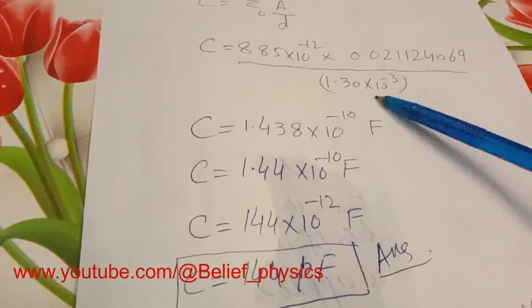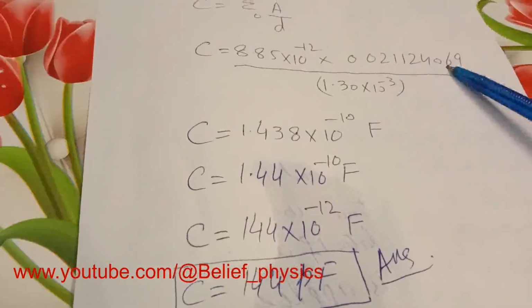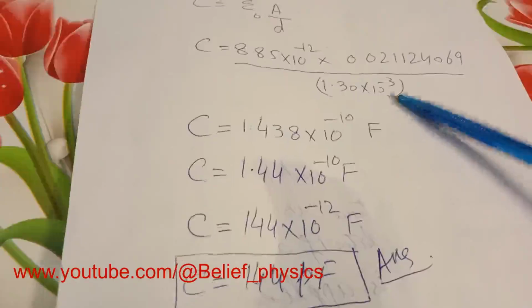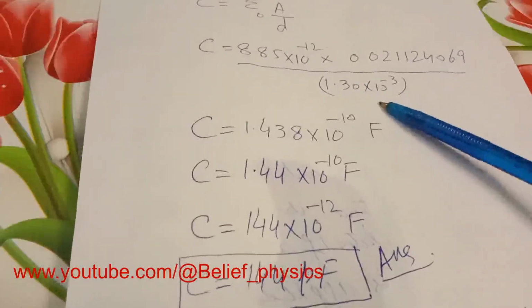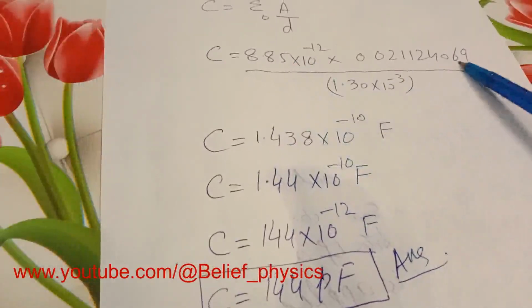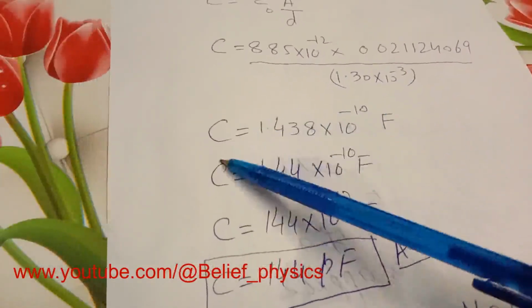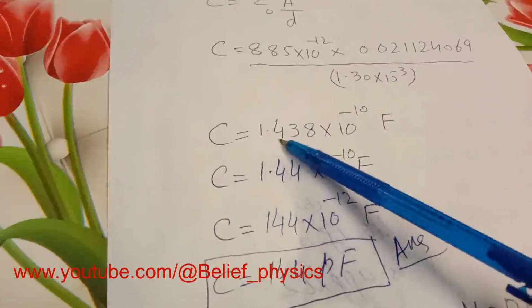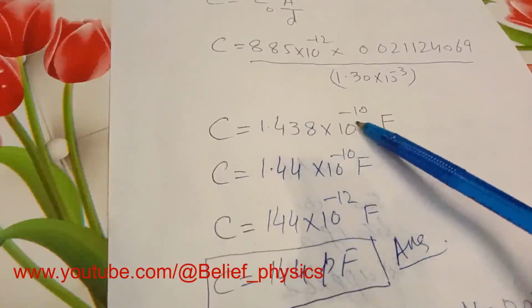All of the units are in meters. So capacitance will be equal to, when we simplify it with the help of the calculator, the answer comes out to be 1.438 into 10 to the minus 10.